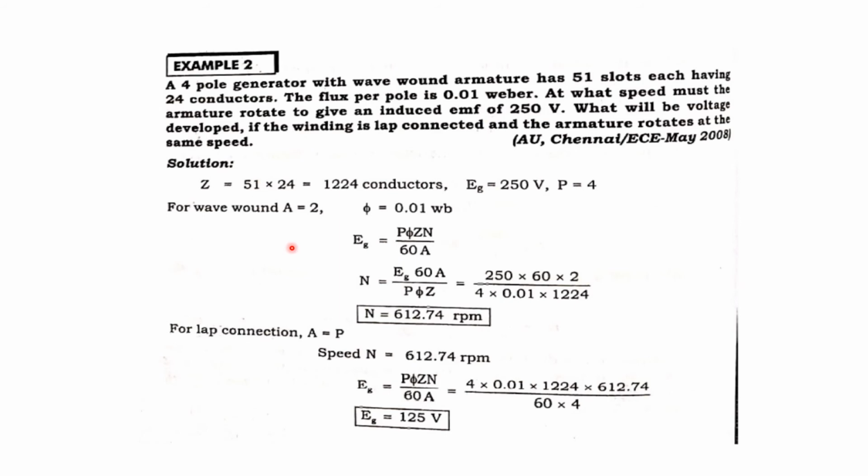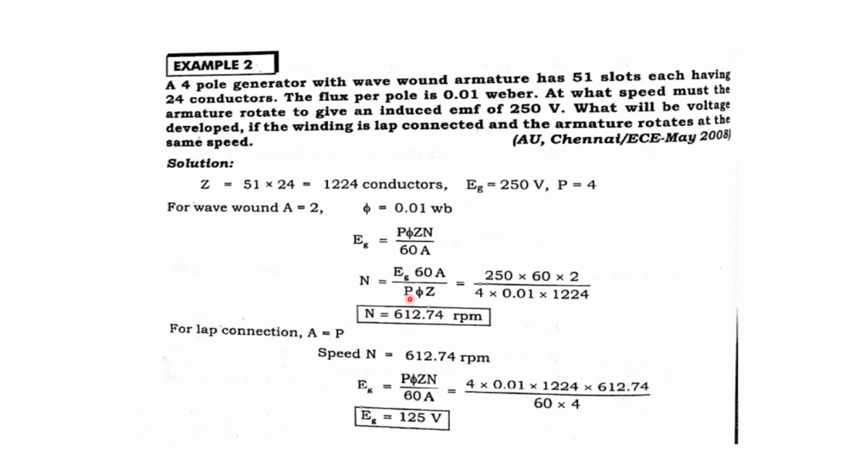First you should note what parameters they have given and what you have to find. The parameters given are the number of conductors, the EMF induced in the case of a wave wound armature, and the poles. We want to find the speed. First, find the speed for wave wound, and then find what voltage will be developed if the winding is lap connected and the armature rotates at the same speed.